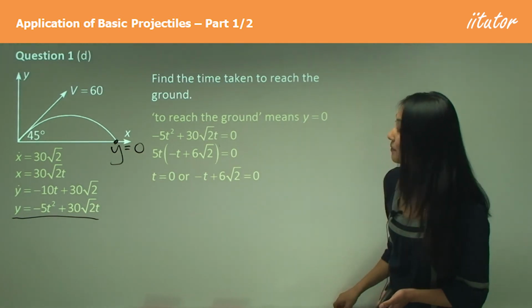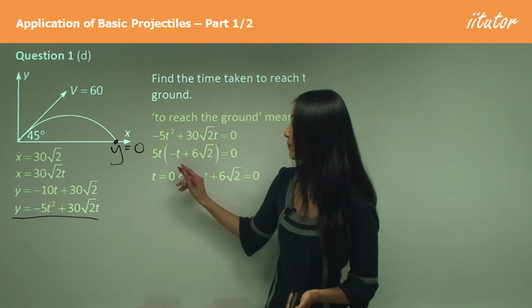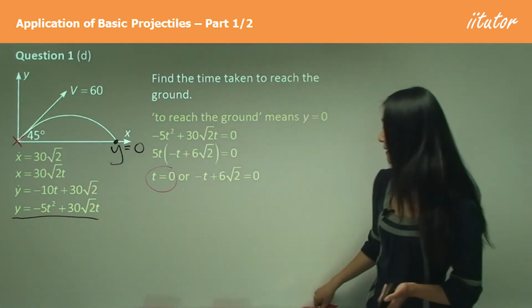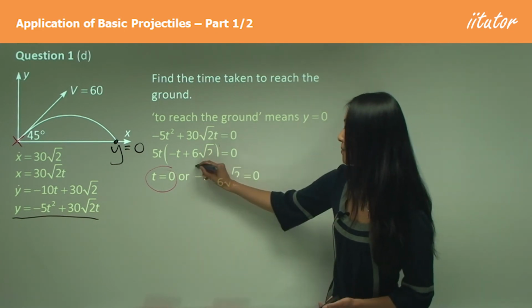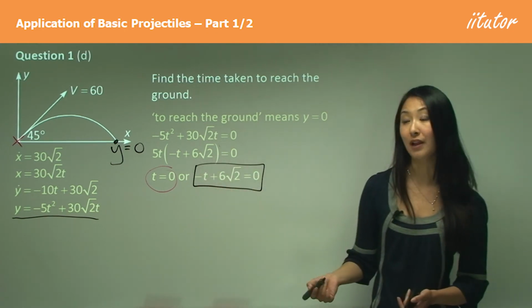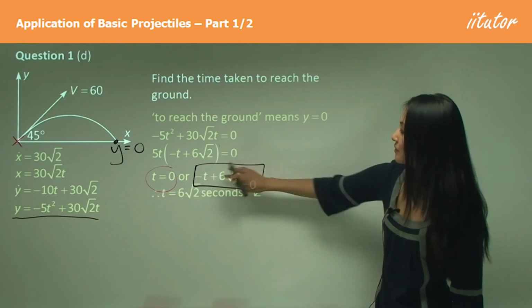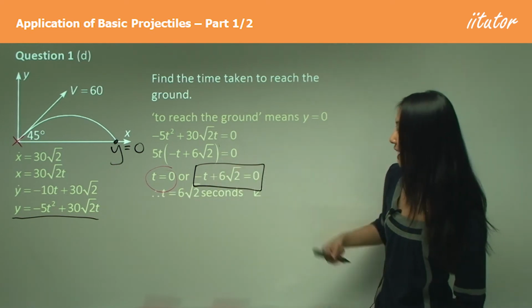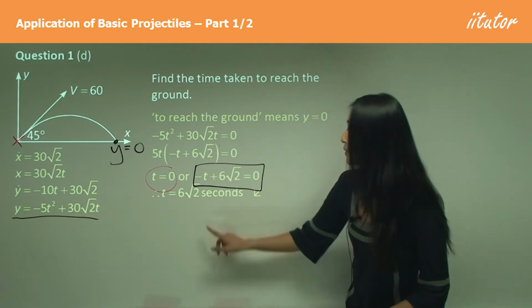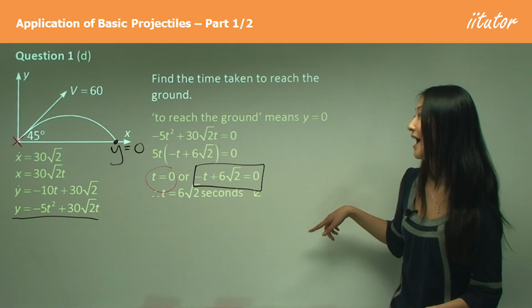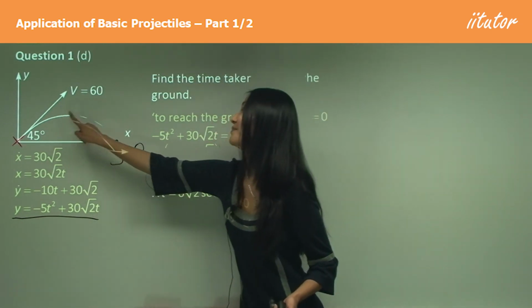Now, remember how we said that t equals 0 represented our origin, which means that this must represent our time of flight. So working from that, we move t to that side and you find out that t equals 6 square root 2 seconds for the time of flight, which is the same as the time taken to come back to the ground.